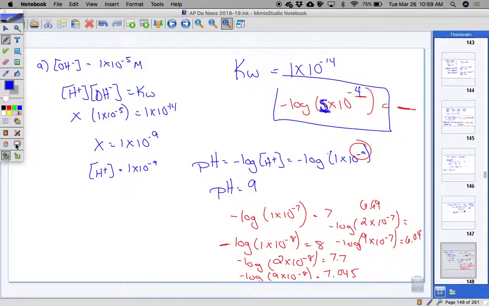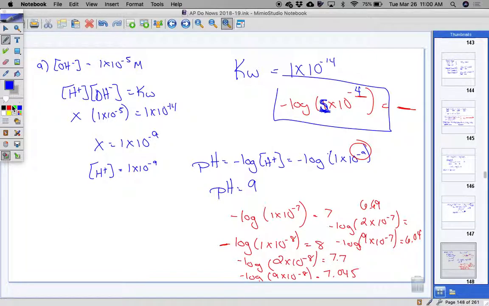Okay. All right, so you do the next one. Do B and C. Find the H plus concentration and then find the pH. How does that work if you have 10 molar H+? It's not pH of 15.